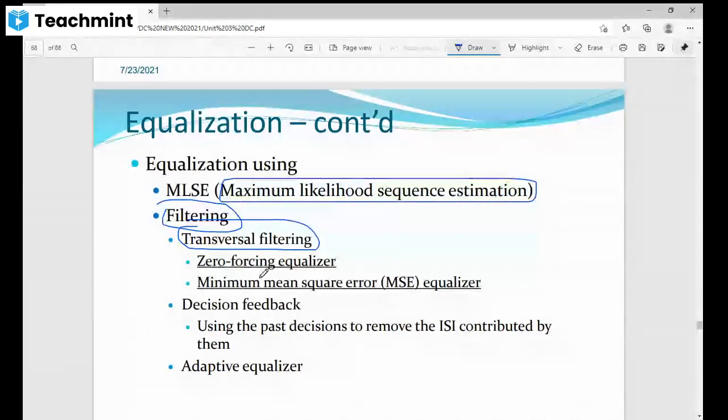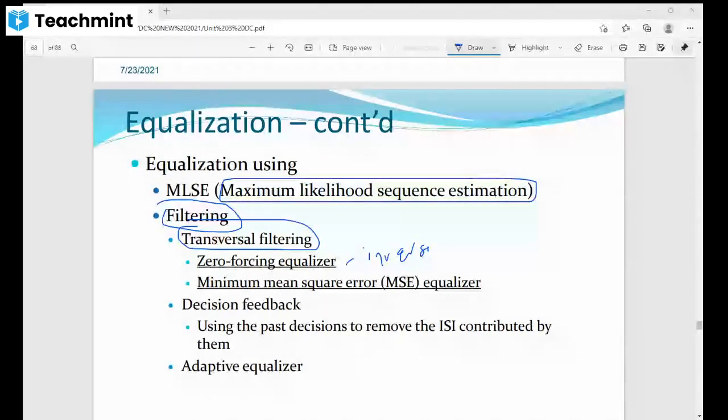What does the zero forcing equalizer do? It approximates the inverse of the channel with a linear filter.